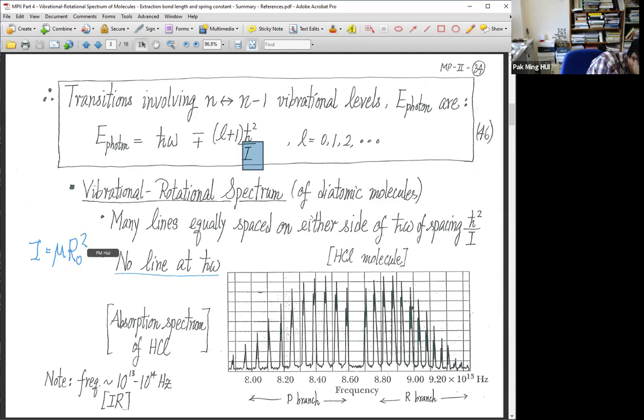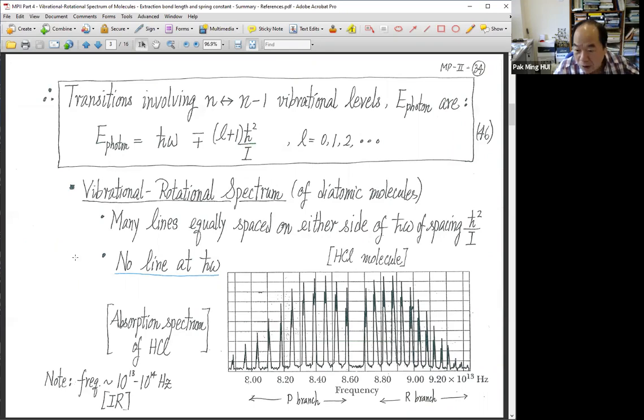Therefore, it is possible to extract the equilibrium separation, which is the bond length. So let me summarize. If you see a vibrational rotational spectrum, wonderful. You read this, you get the spring constant. You read out the average spacing, the spacing between adjacent lines. Okay, this one, okay? Then you get the moment of inertia, thereby you get the equilibrium separation, the bond length. That is the application.